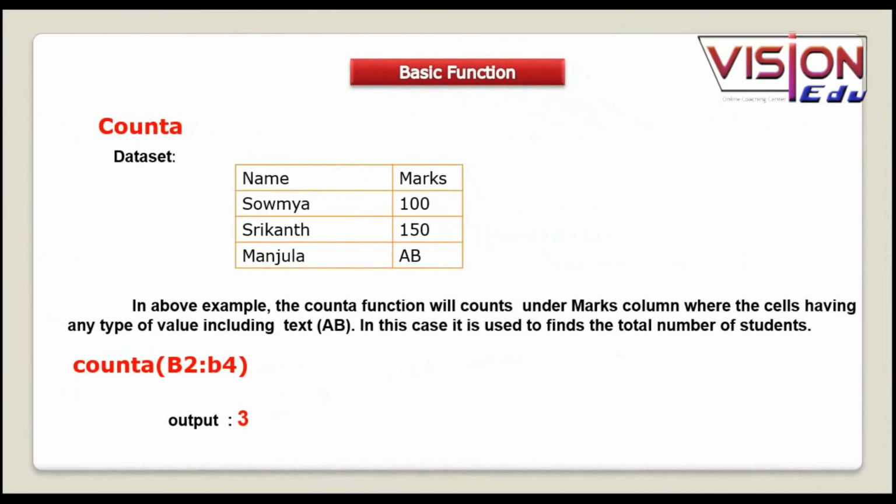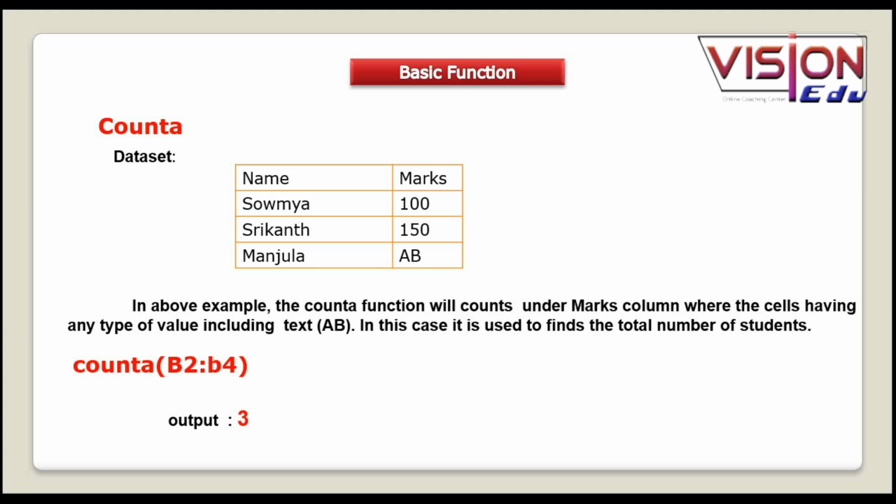If you see an example, COUNTA on the same data that we used for the COUNT function, if you apply COUNTA instead of COUNT, what output will you get? We will check it. In the above example, the COUNTA function will count the cells under the marks column that have any type of data, including text.